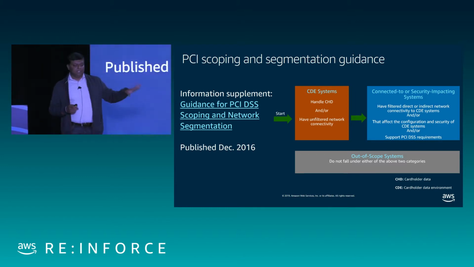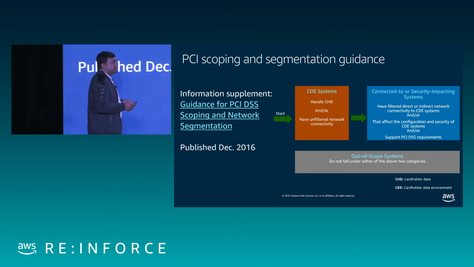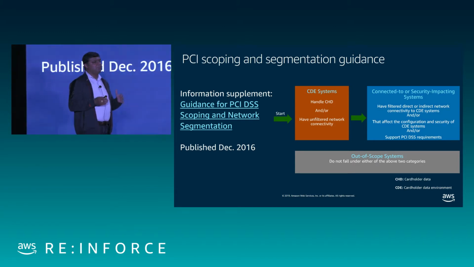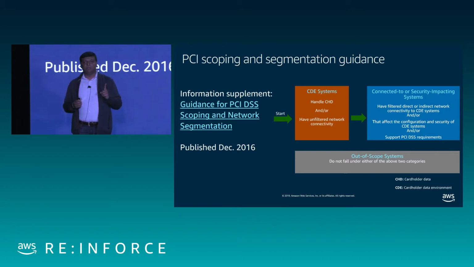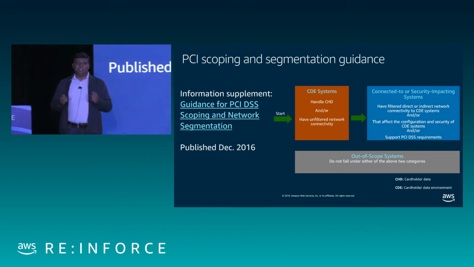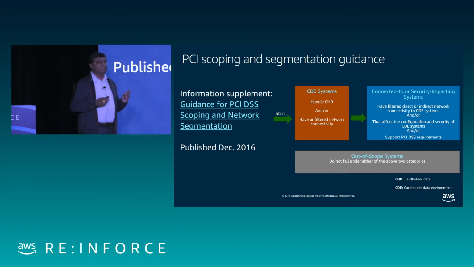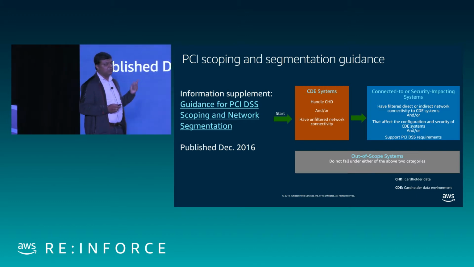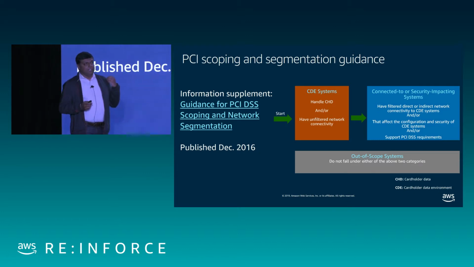In this guidance, it categorizes your systems into three primary categories. One is your CDE systems, which is the core of your scope. CDE systems are those systems that directly interact with credit card data, so they store, process, or transmit credit card data.